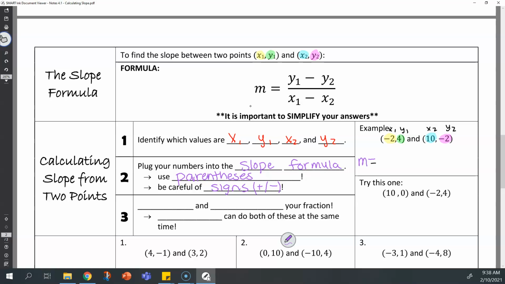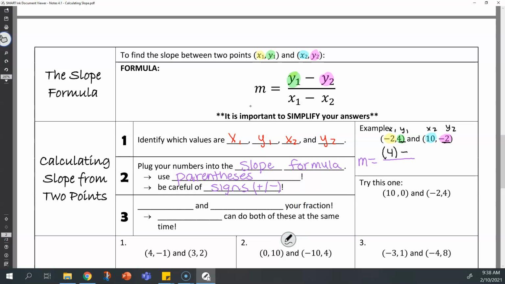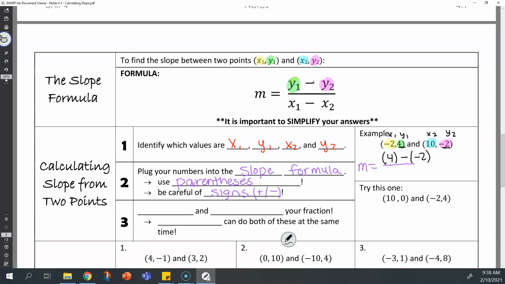M equals, in the top of my fraction, I have y1 minus y2. Okay, so I'm going to use parentheses to plug that in. y1 is 4 minus y2 is negative 2. I'm using parentheses for each of those. Okay, my subtraction sign in the middle stays a subtraction sign.